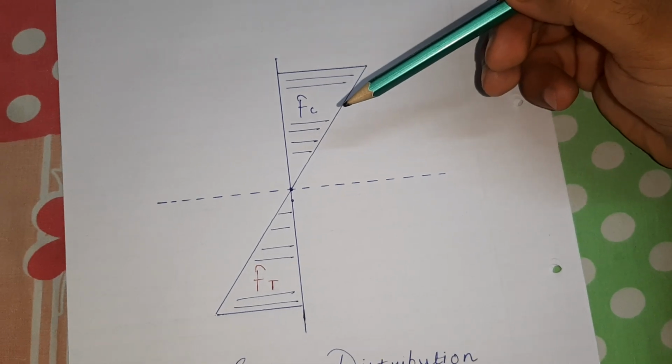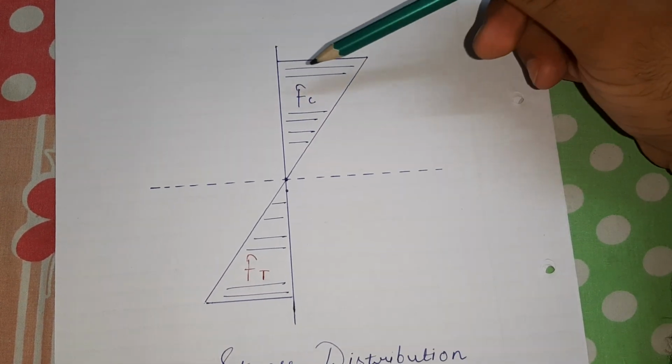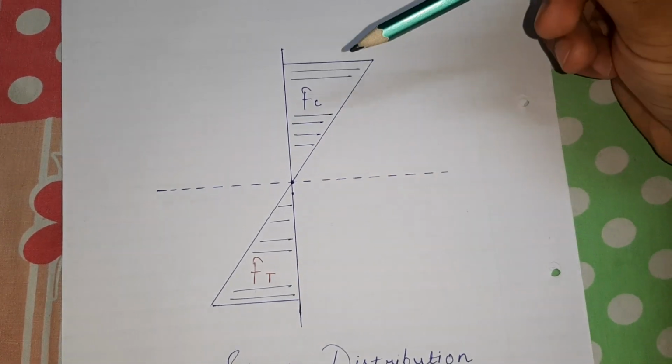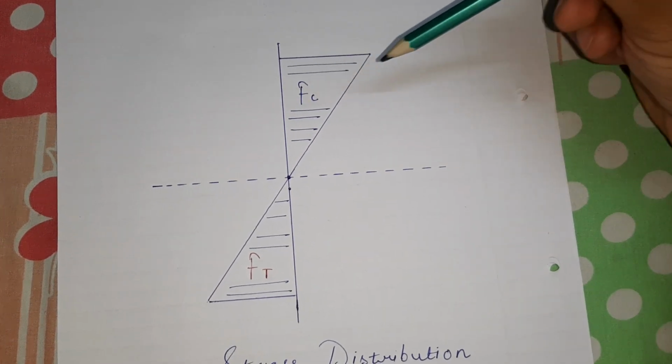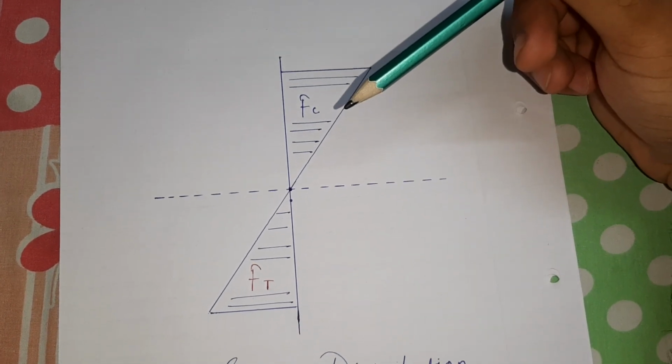So for a beam to resist the load, it should be within these stress boundaries. These are the stress boundaries which will have an effect on the whole beam.